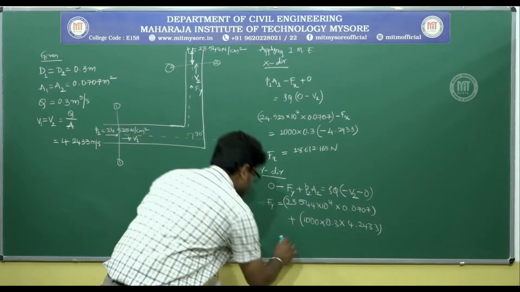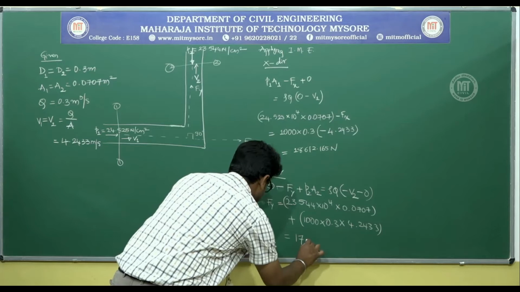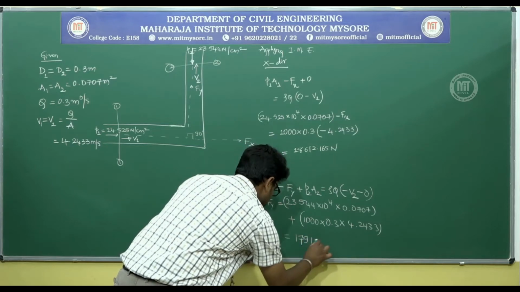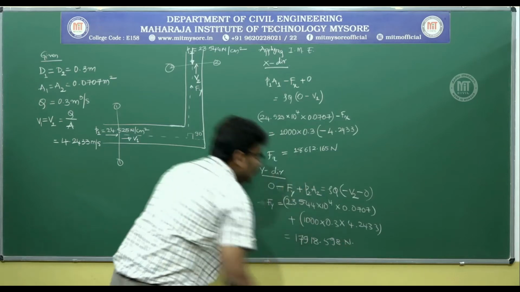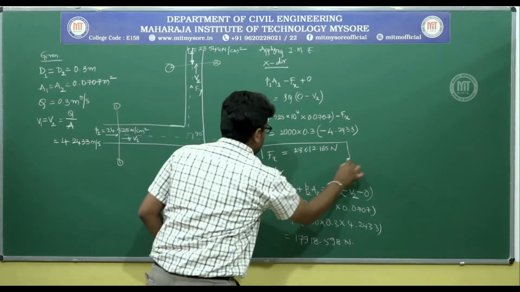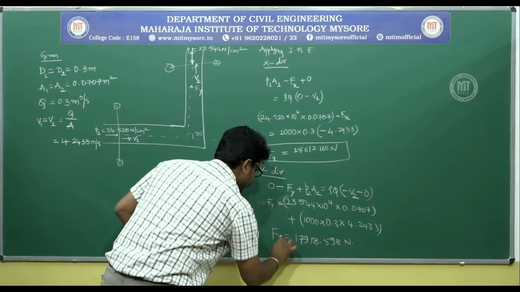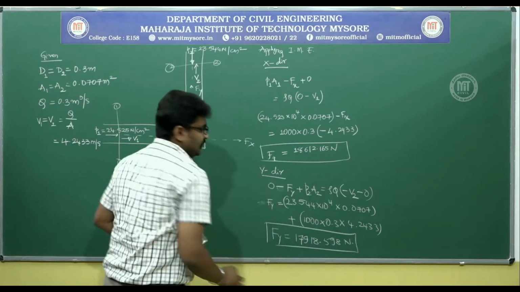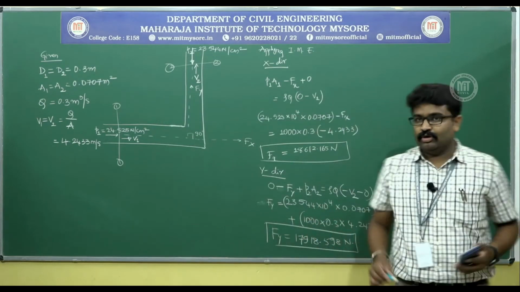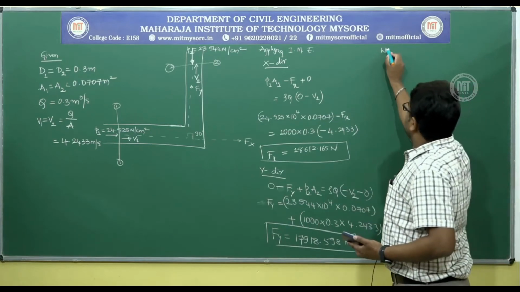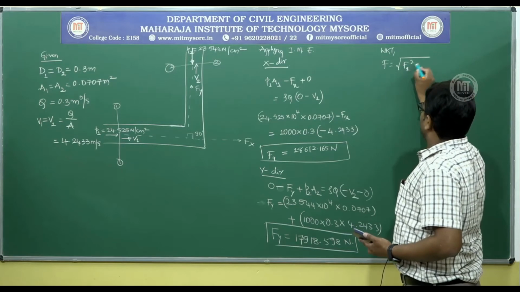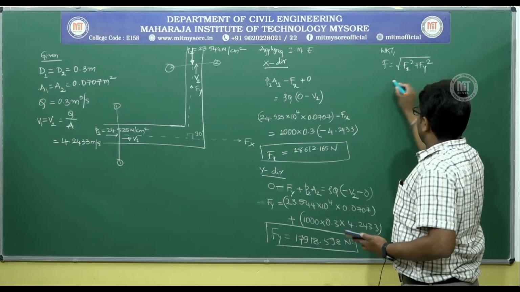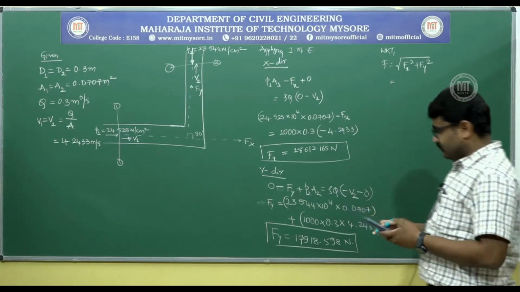That fetches you an answer of 17,918.598 Newton. Now you have Fx and Fy. When you have Fx and Fy, it is easier to find out the resultant force. We know that resultant force F is equal to root of Fx square plus Fy square. What is Fx square?